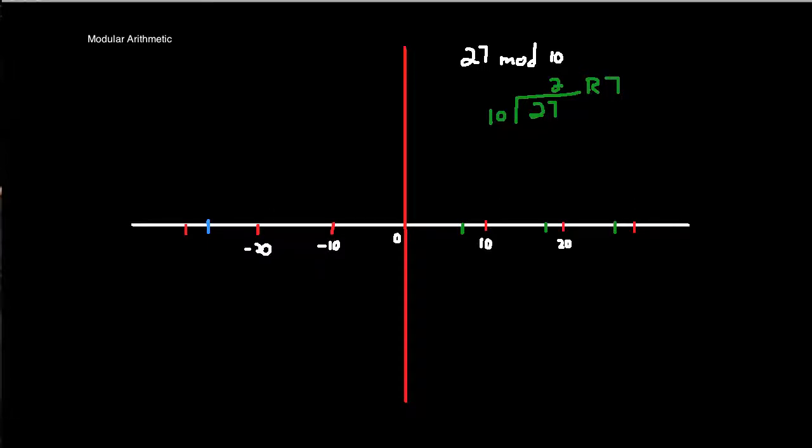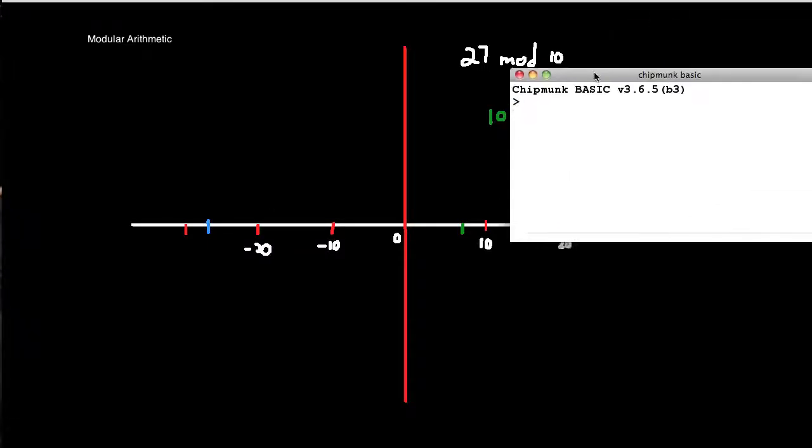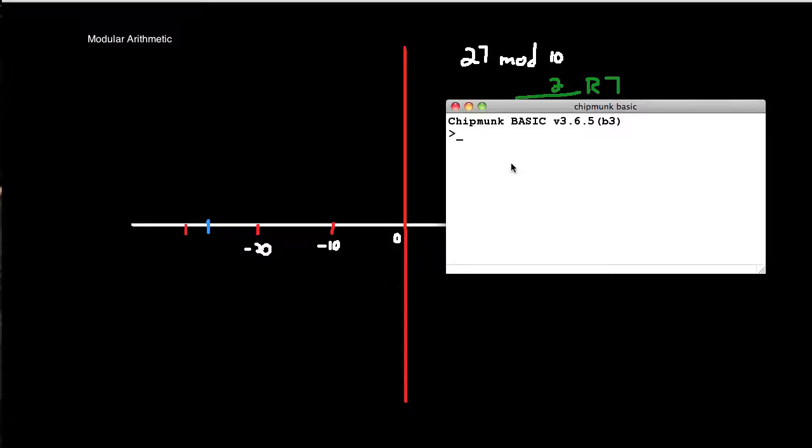Let's write this BASIC program. 10 input x. So we input our variable x. 20, y equals x mod 10, and then 30, print x comma y.